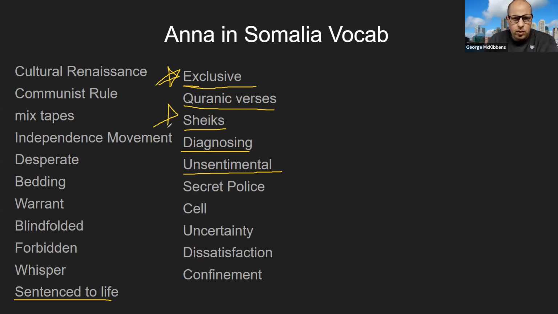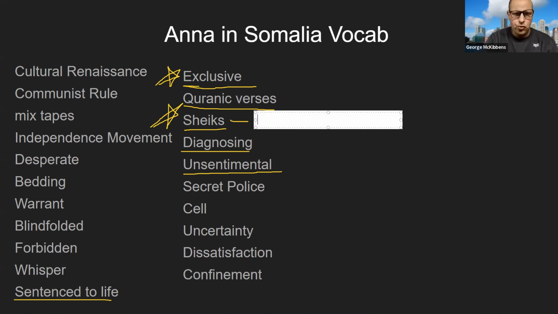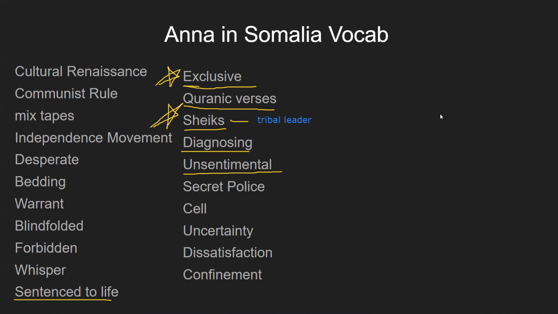Sheiks. That's a little bit later in the story. Does anybody know what the word means? It's a tribal leader. It's like the word chief.